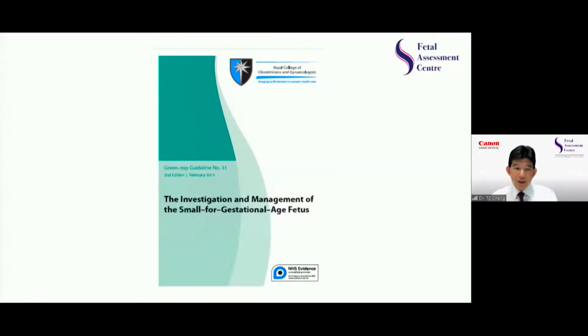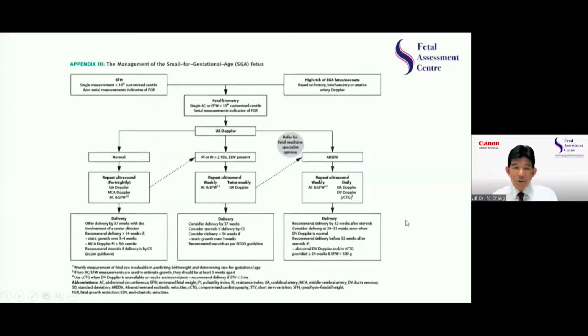Where do I get this 2 days from? Well, there are many guidelines. This is a fairly old guideline from the Royal College, and I'm sure it will be updated soon, but this is from 2013. Even from that guideline, we're looking at high-risk fetuses where there's absent or reverse end-diastolic flow.